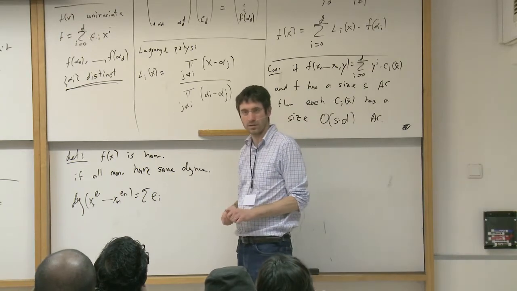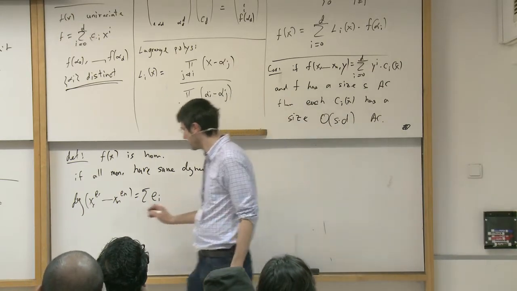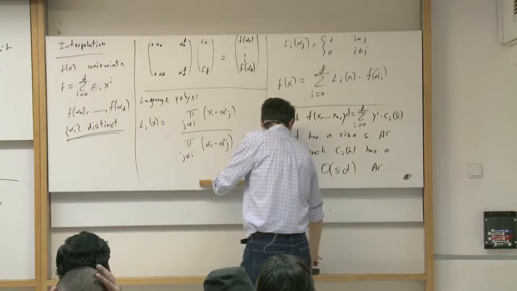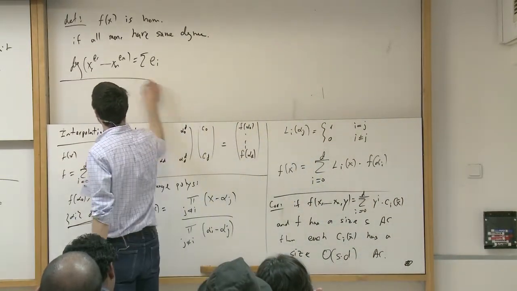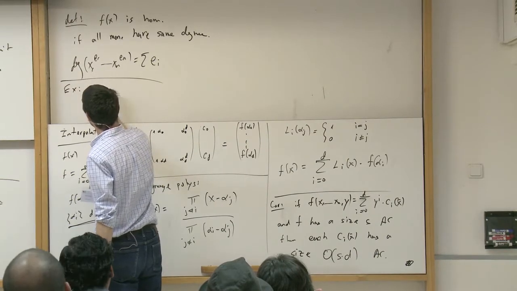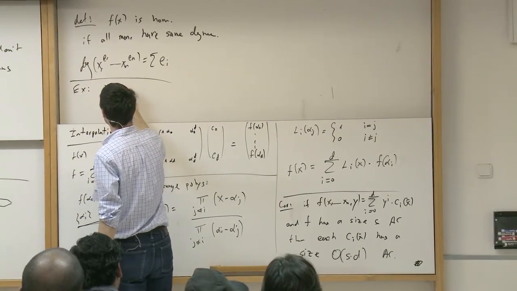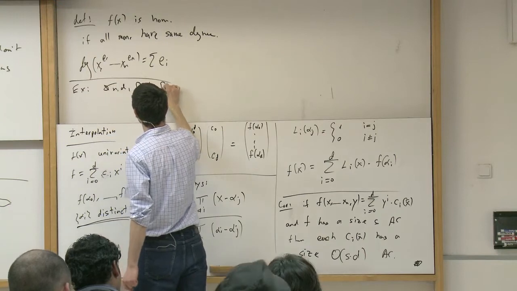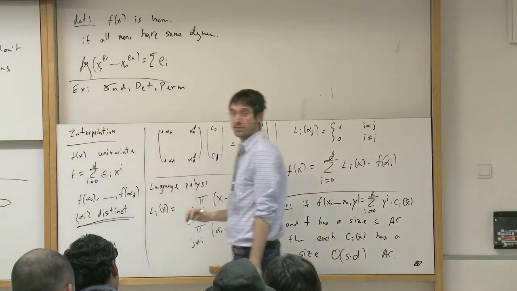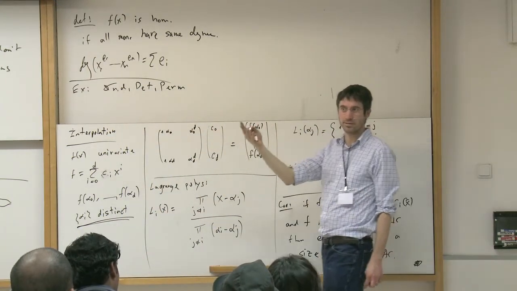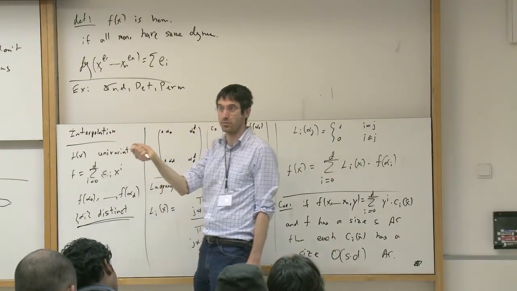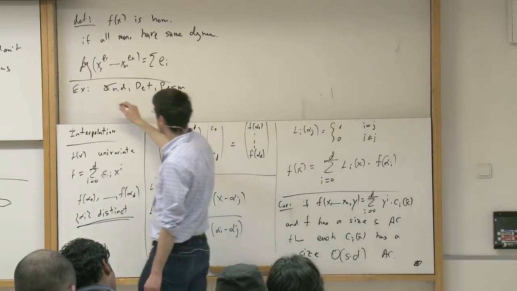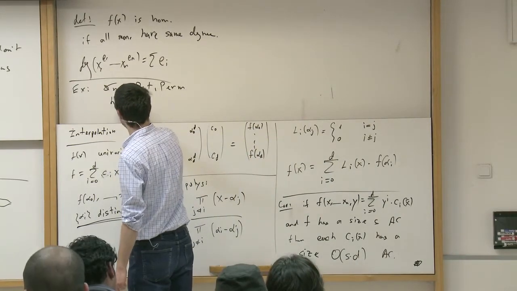As an example, the elementary symmetric polynomial sigma n,d, the determinant, and the permanent are all homogeneous. In the permanent, all monomials have degree n, and the determinant is the same. The symmetric polynomial of degree d is just the sum of monomials of degree d, so it is homogeneous.